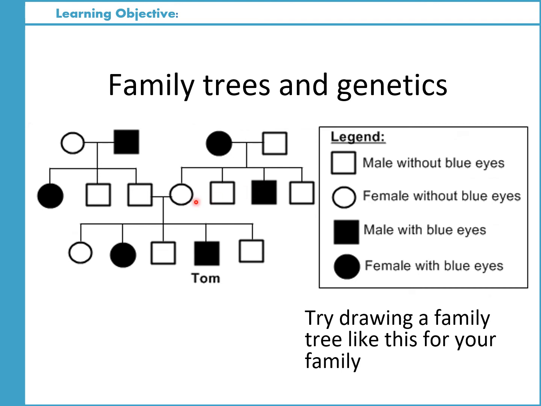If we look past the first generation and into the second generation, we can see that these individuals had some children together, 5 children, and let's call them John and Elaine. John and Elaine have had 5 children, and you can see that although they both don't have blue eyes, they have got children that do have blue eyes.